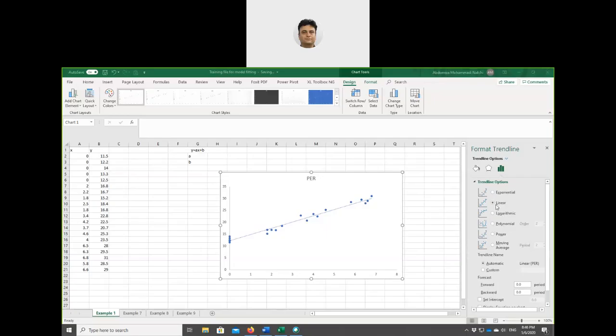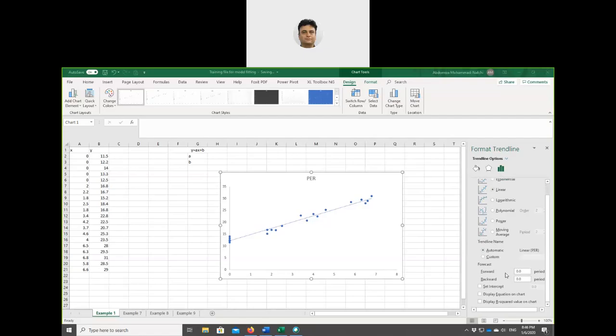I want to use linear, because I want to use the slope A as the PER, or protein efficiency ratio. It's linear. Then go to the downside and make sure that you tick these two: one is display equation on chart and the other is display R square value. Yeah, these two.